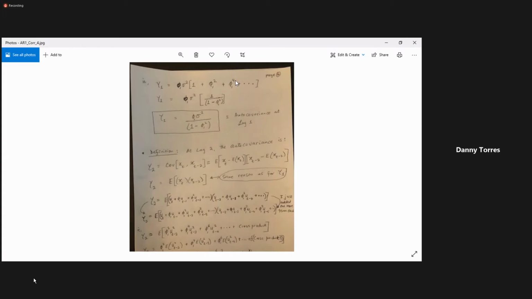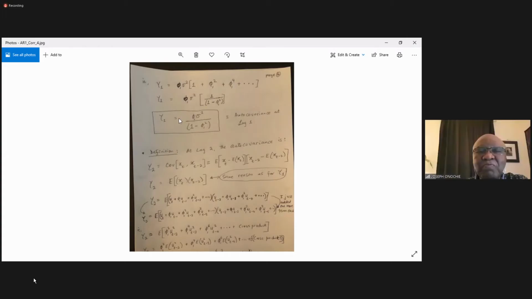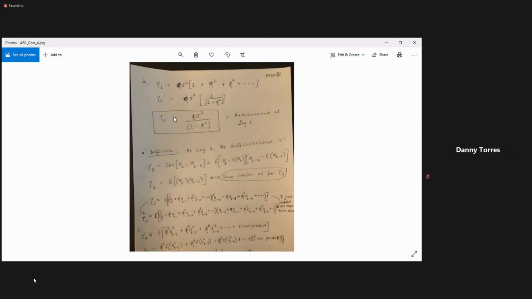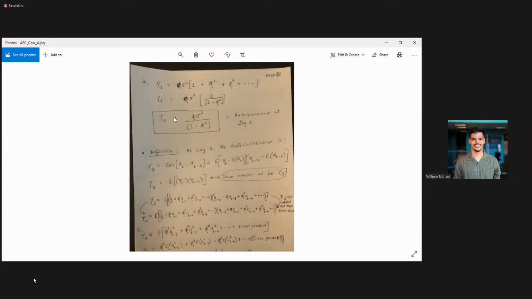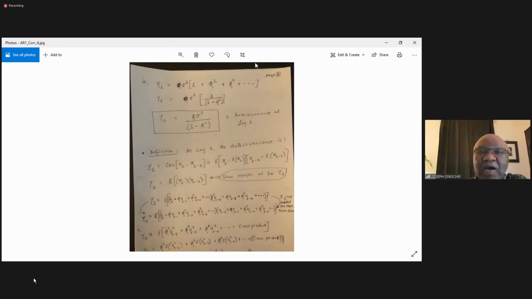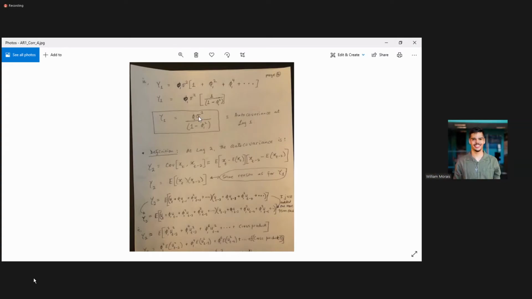Professor, you said variance or autocovariance? What is the variance that we proved last Thursday? Remember, the variance is autocovariance at lag 0, yes? That would be sigma squared over 1 minus phi 1 squared. Yes, that's sigma squared, right?